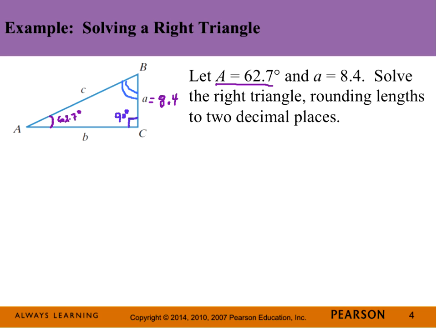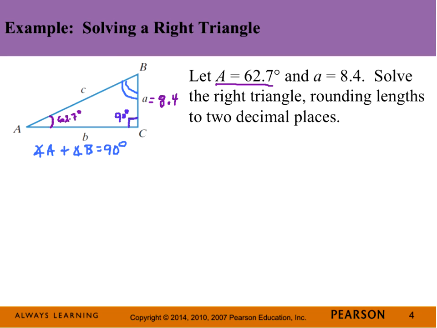So we will start out with angle B. We have two angles of the interior, so it's not that difficult to find the third angle. The interior angles of a triangle sum to 180 degrees, and if we take out the right angle, that 90 degrees, we're left over with 90 degrees. So to figure out what angle B is, I simply need to know that angle A plus angle B has to be 90 degrees.